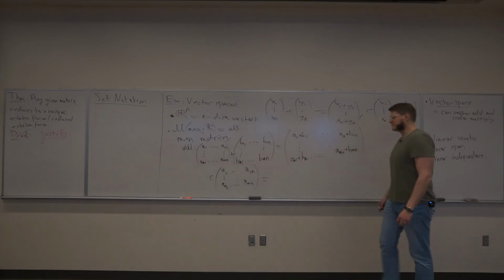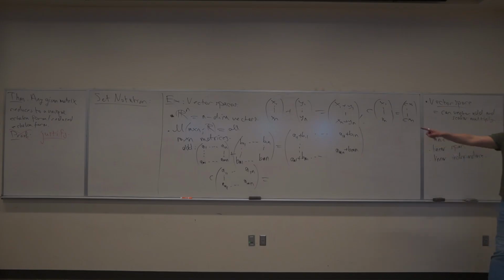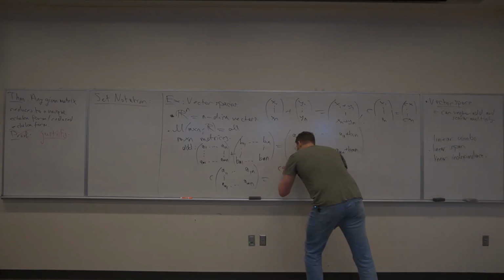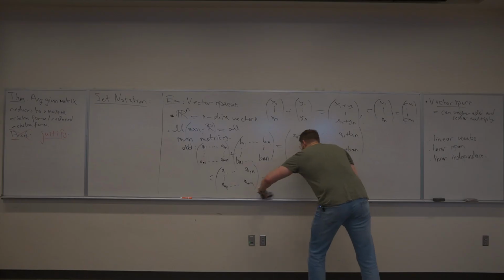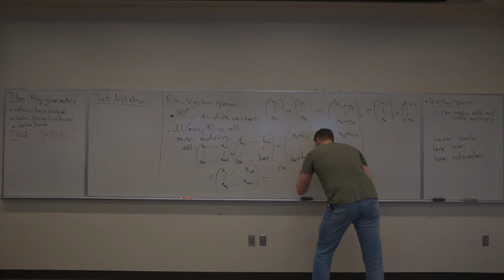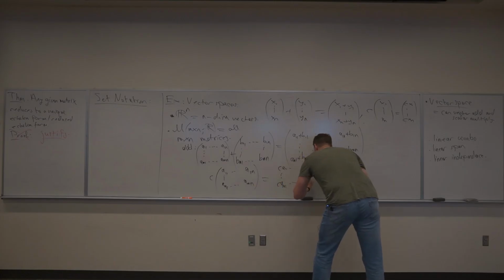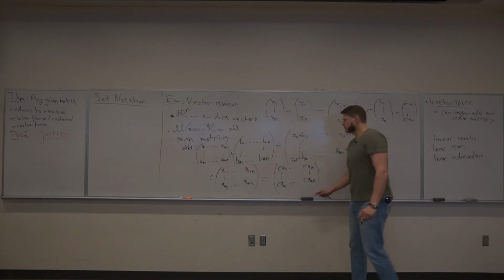Take that c, that's a constant, that's a scalar, and distribute it over all the entries. c times a11 dot dot dot, c times a1n, and then c times am1 dot dot dot, c times amn. Okay.